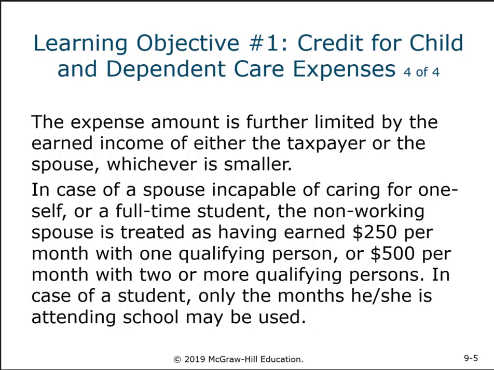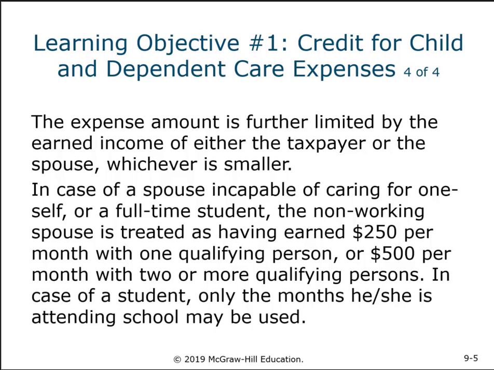Now, the law addresses the case where the lowest paid spouse is incapable of self-care or is a full-time student: that non-working spouse is treated as if they had earned $250 per month if there was one child being cared for, and $500 a month for two or more. So $250 for 12 months is $3,000, and $500 for 12 months is $6,000.